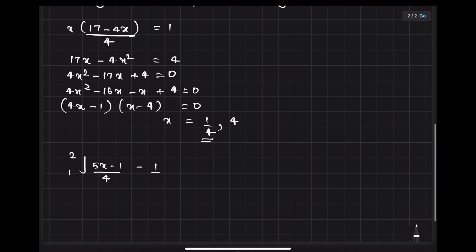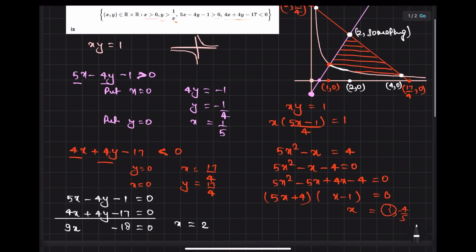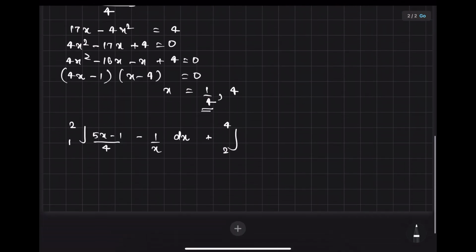So (5x - 1) by 4 minus 1 by x dx, plus from 2 to 4. From 2 to 4, the red is bigger, so this function: (17 - 4x) by 4, minus 1 by x dx. So we got this part.